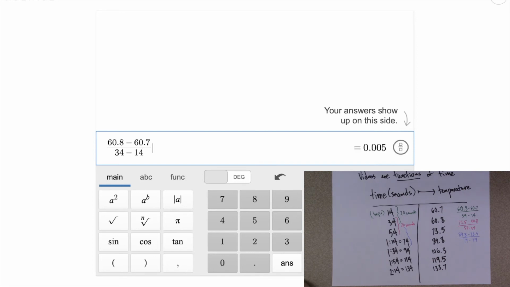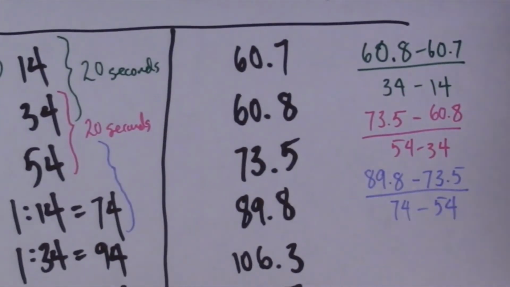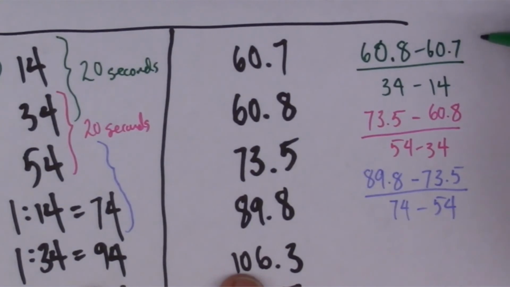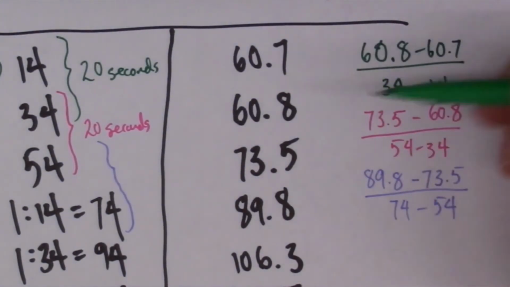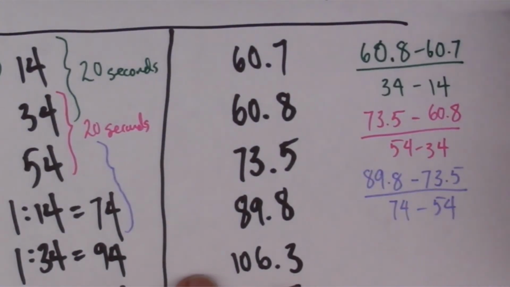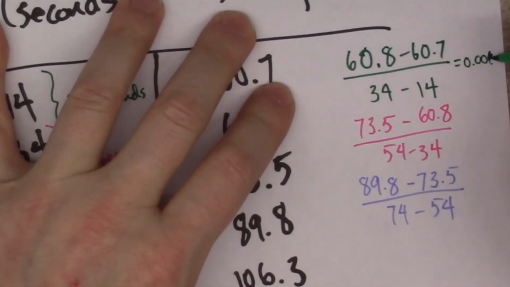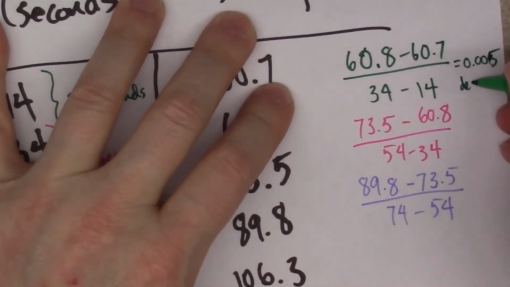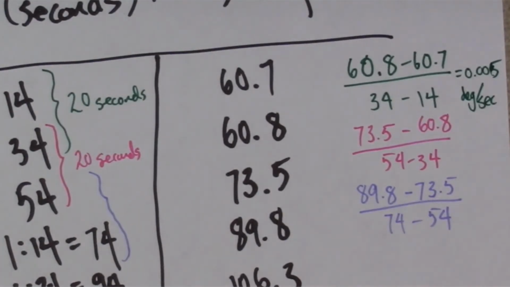I also could have done that in my head, I suppose. But now I can see that over this first 20 seconds, the temperature was increasing at a rate of 0.005 degrees per second on average.